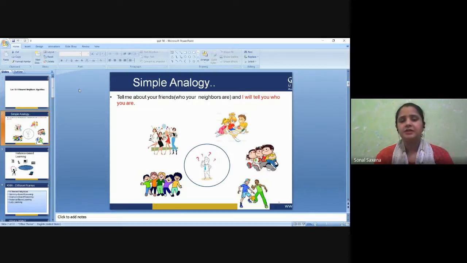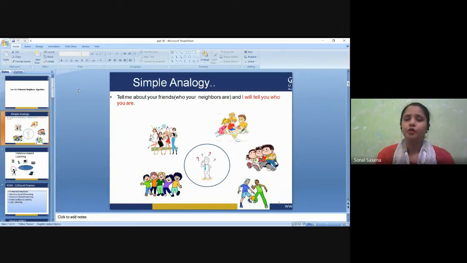If the neighbors are reflecting some kind of properties, then on the basis of that, you are judged. If a neighbor is reflecting a specific type, I assume that even you belong to such a category. So your neighbors are the ones who decide what kind of person you are. This is a simple analogy of the KNN algorithm.